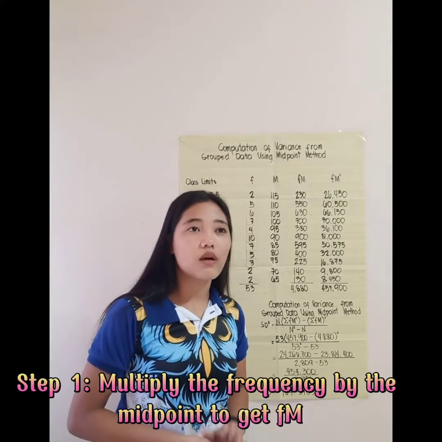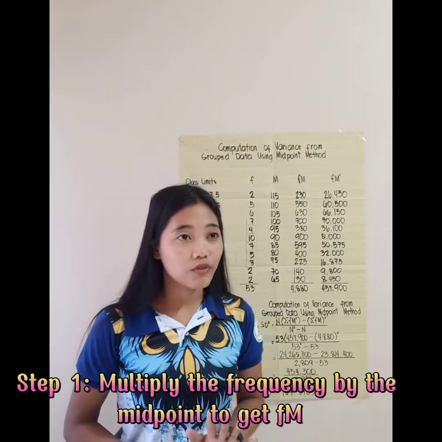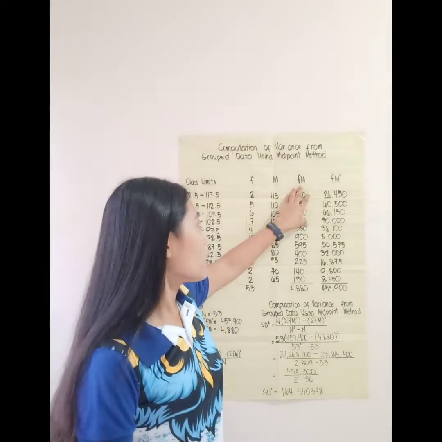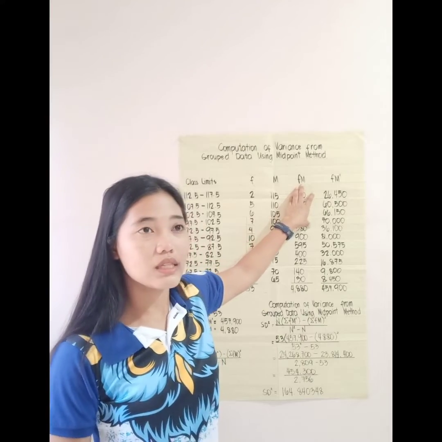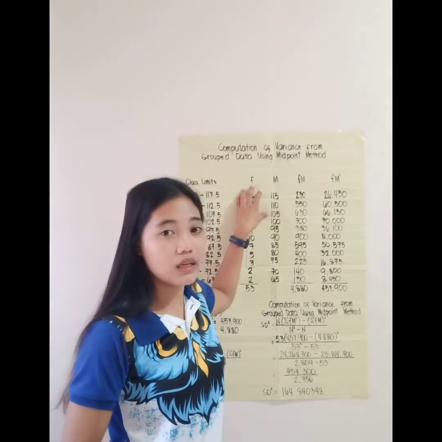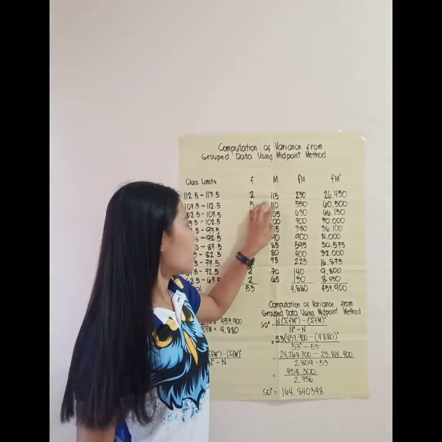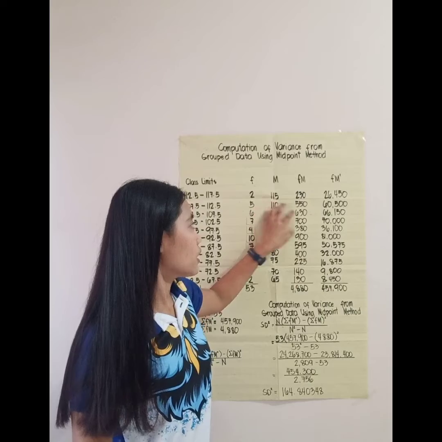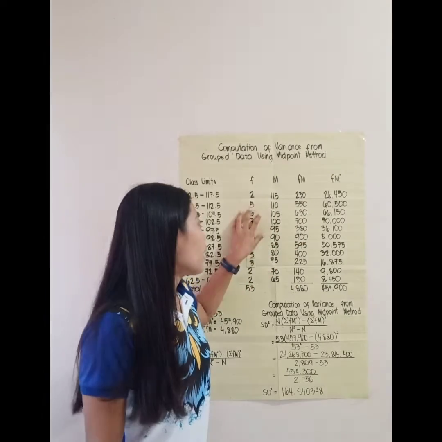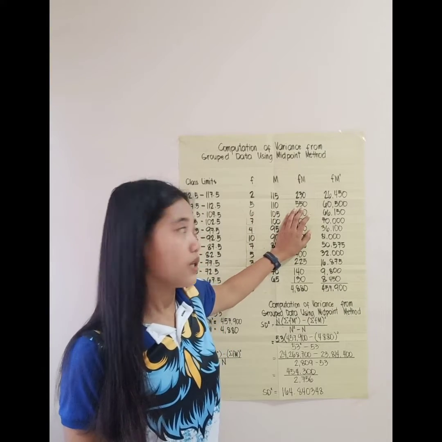The first step is to multiply the frequency by the midpoint to get FM, as shown in the fourth column. So let's multiply our frequency by our midpoint. 2 times 115, the result is 230. 5 times 110, the result is 550.